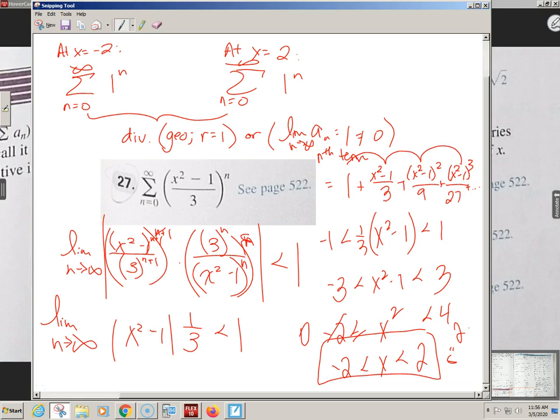The cool thing about geo is if it is a true geo series, a power series that follows the geo series pattern, I can just say, hey, I know my function. My function's easy. It's just a sub 1 over 1 minus r, where my a sub 1 is 1, and my r is this whole thing that gets multiplied over and over again.